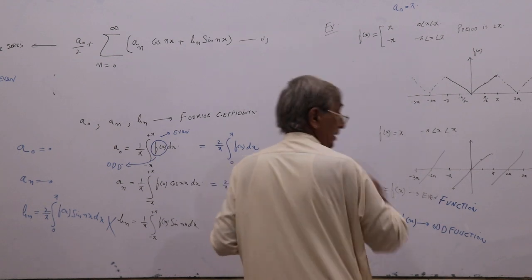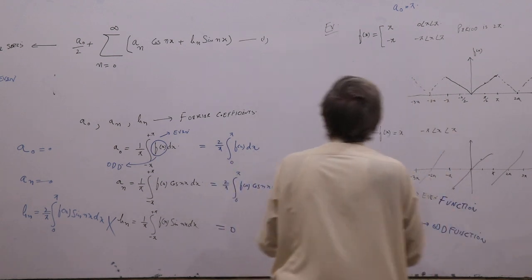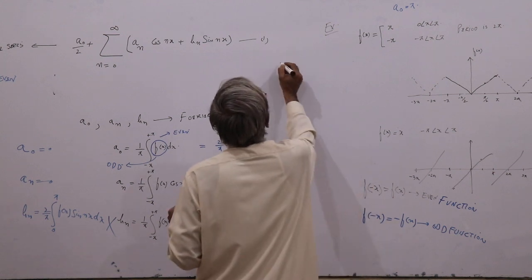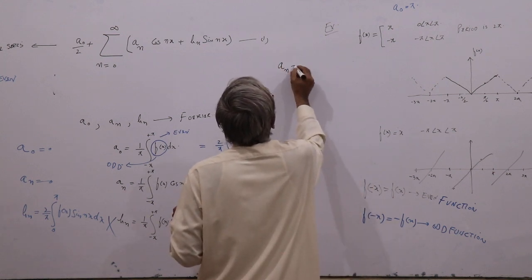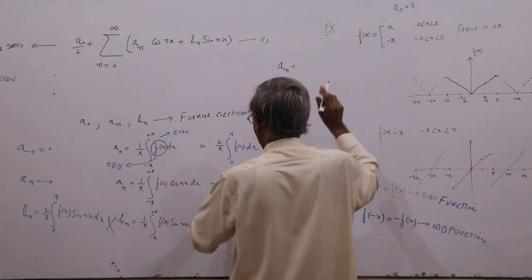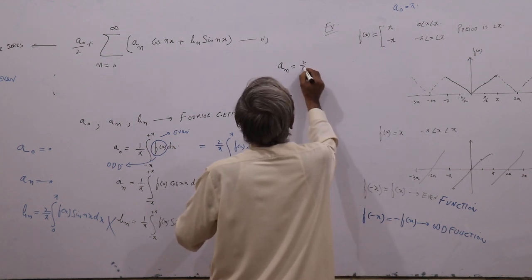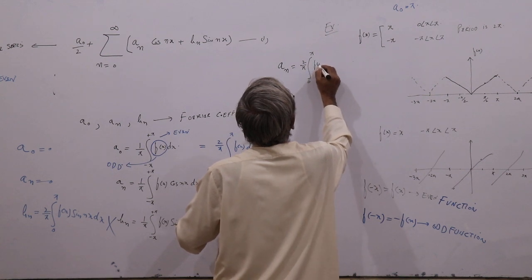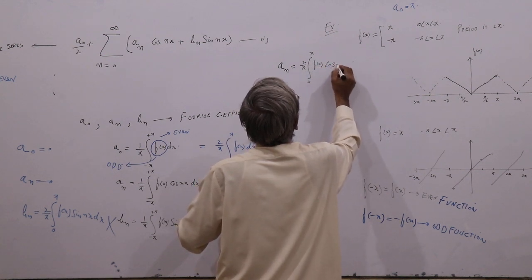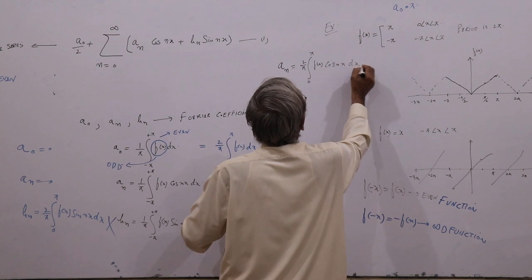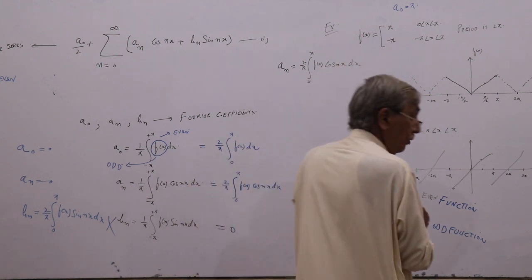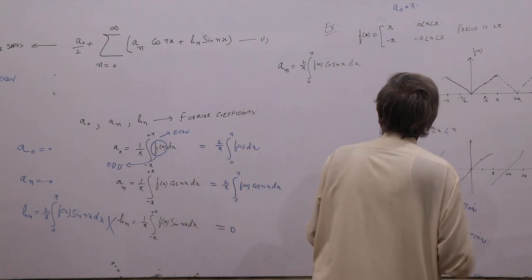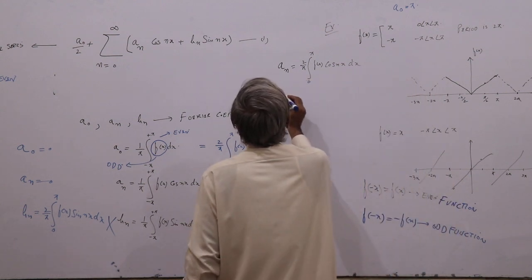The second thing is an, which, because it is an even function, is 2 over pi integral 0 to pi f(x) cosine nx dx. So let's calculate it. This is just a matter of calculating the integral.